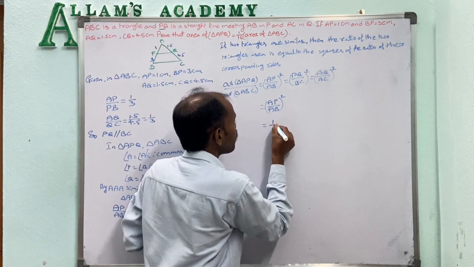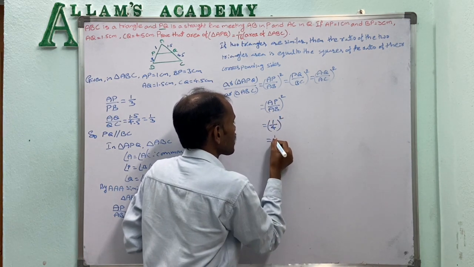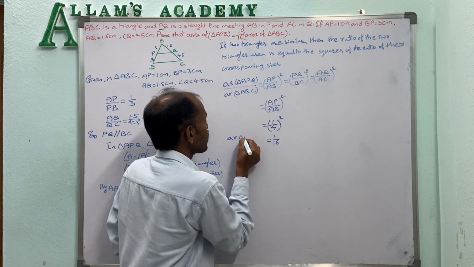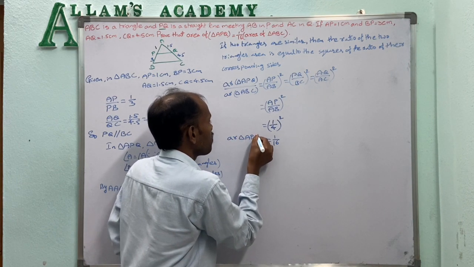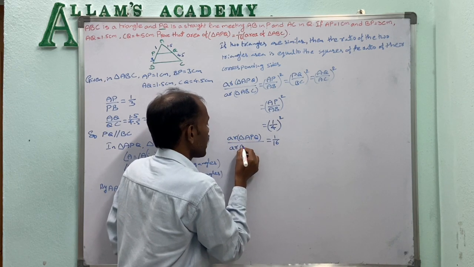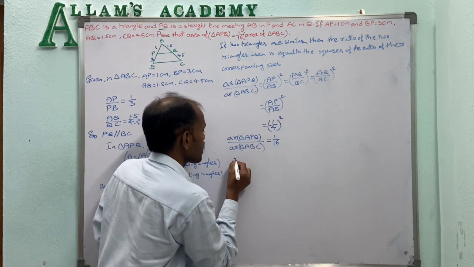So 1 by 4 whole square, that is nothing but 1 by 16. So the ratio of area of triangle APQ by area of triangle ABC is nothing but 1 by 16.